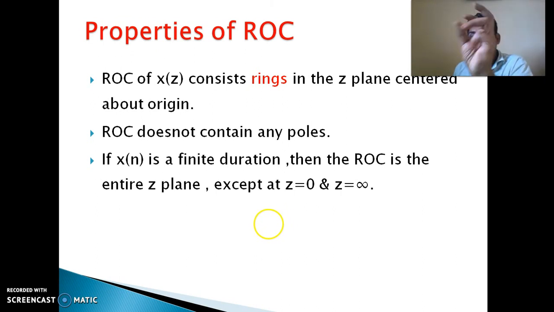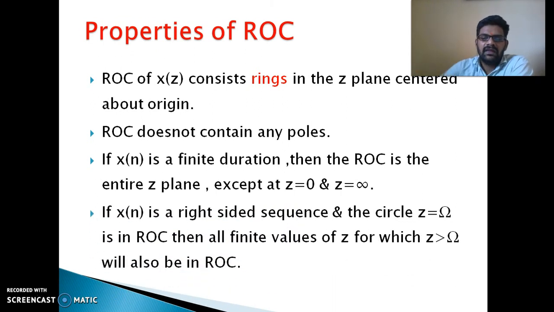Secondly, if the given function is a right-sided sequence, that is, multiplied with u of n, and z equal to omega is a circle in the ROC, then all the values of z greater than omega will be in the ROC.